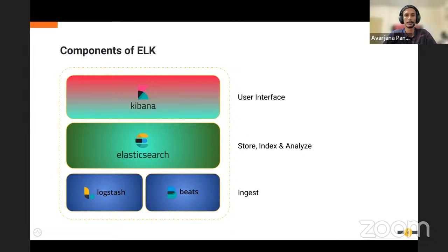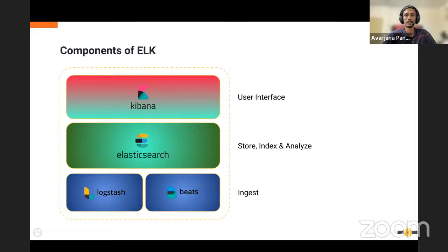Beats is the component responsible for reading the log file and shipping it to Logstash. Logstash will do some processing and then ship it to Elasticsearch. Elasticsearch will index them in different indices and serve them when we need to display some data in Kibana.